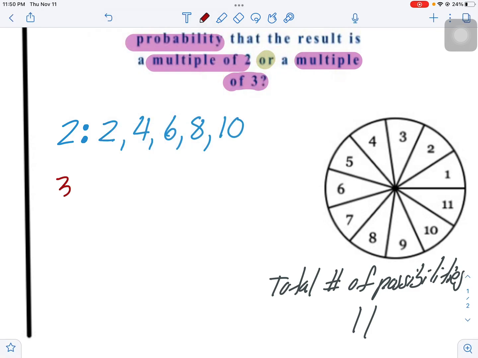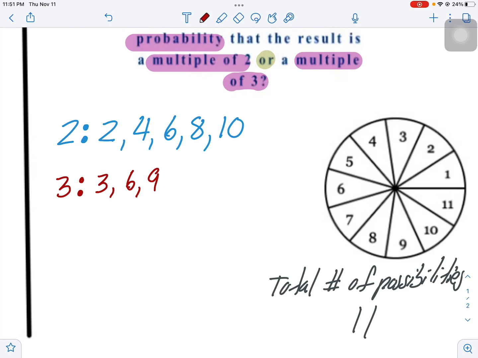Now let us find our multiples of 3. 3 times 1 is 3. 3 times 2 is 6. 3 times 3 is 9. 3 times 4 is 12. No, 12 is too big, so I'm going to stop at 9.